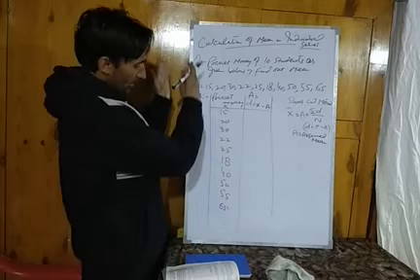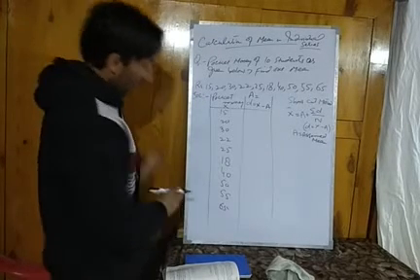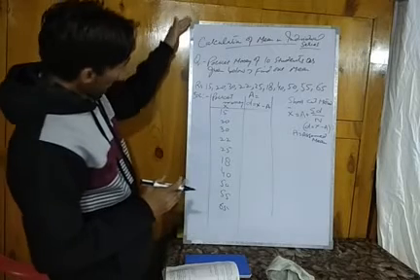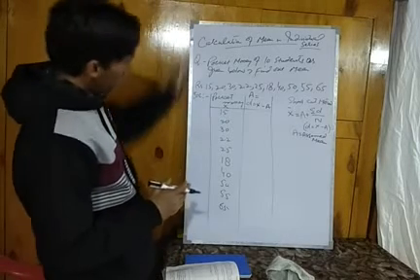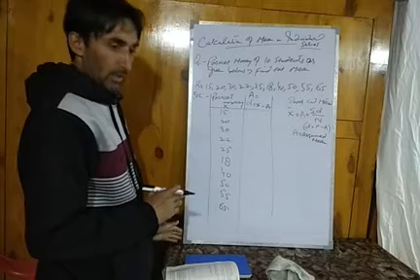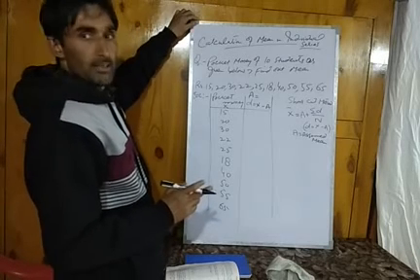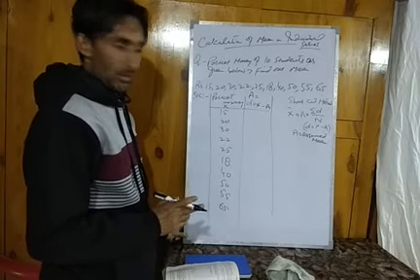Because if I ask my students what is the central value of this side of this board, no student will tell this is the central value, and no student will tell this is the central value.